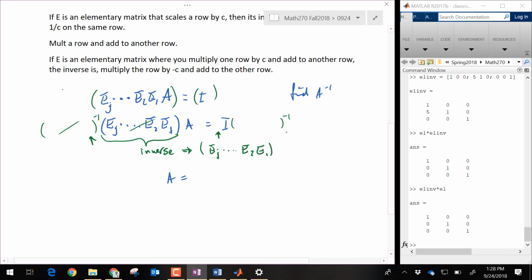So let me backtrack a little bit. I have all these elementary matrices, EJ, all the way up to E2 and E1, multiplied times A, and that's equal to the identity. So instead of multiplying both sides, which we might want to do later on, for right now, since I am interested in finding A inverse, we actually already found A inverse.